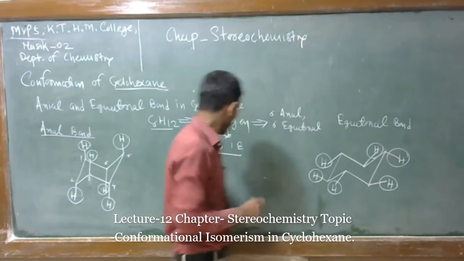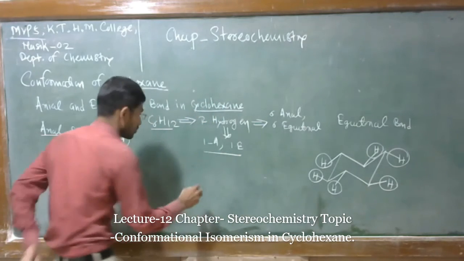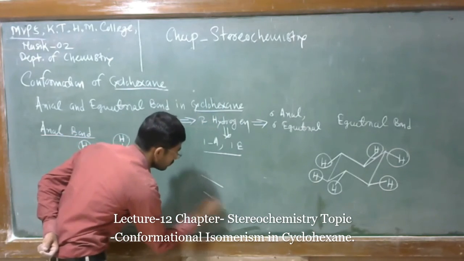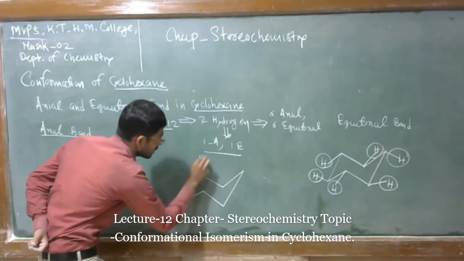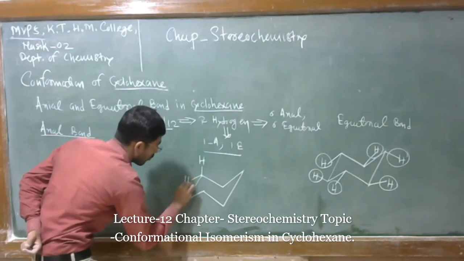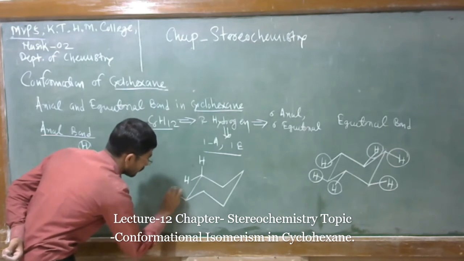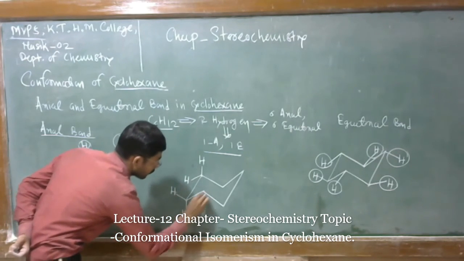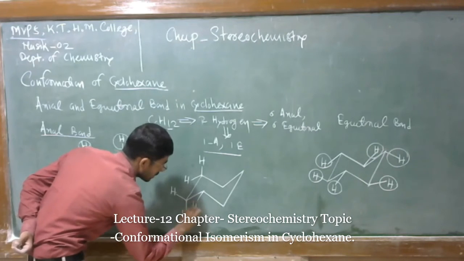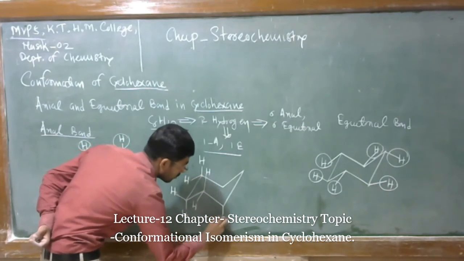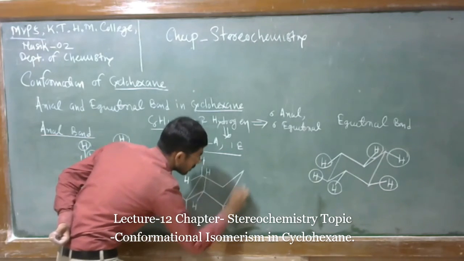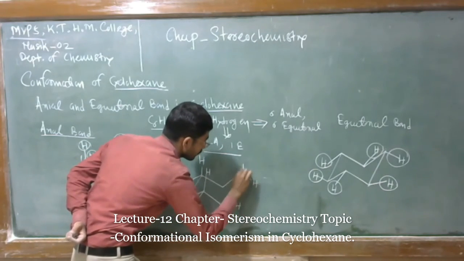When you write the overall combination of these two structures, each carbon carries an axial bond and an equatorial bond. Axial bond, equatorial bond; axial bond, equatorial bond, like this. Each carbon carries both.